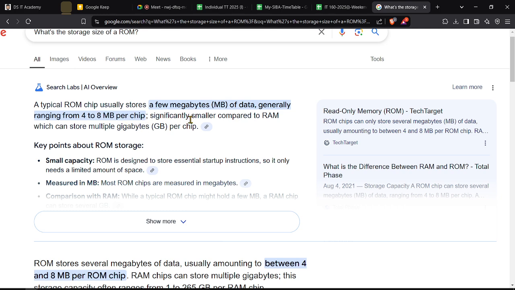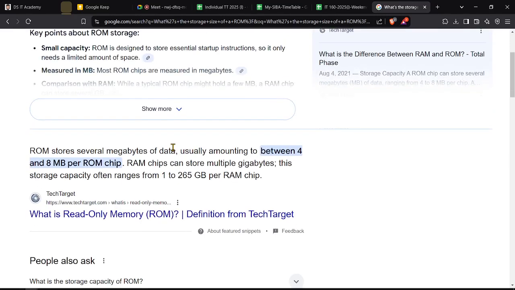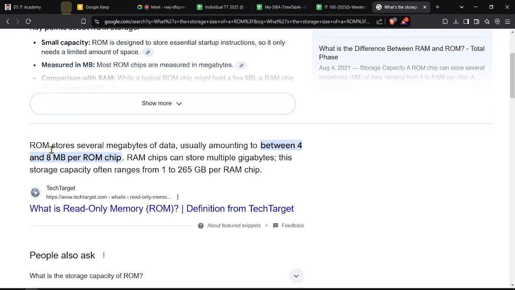That is significantly smaller compared to RAM, which can store multiple gigabytes per chip. RAM capacity often ranges from 1 to 256 GB per chip.